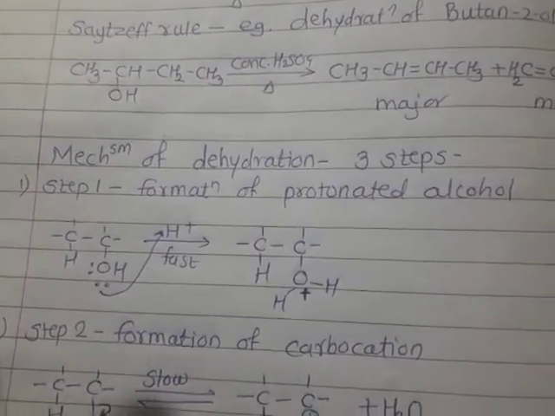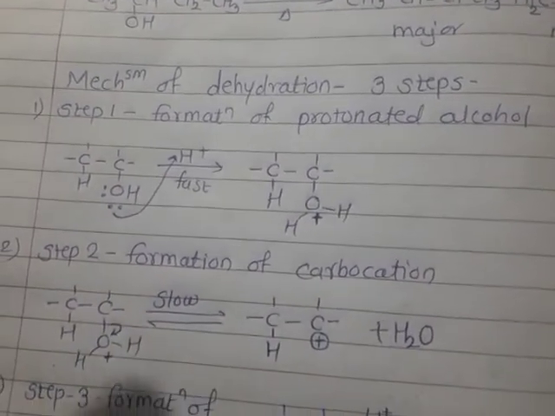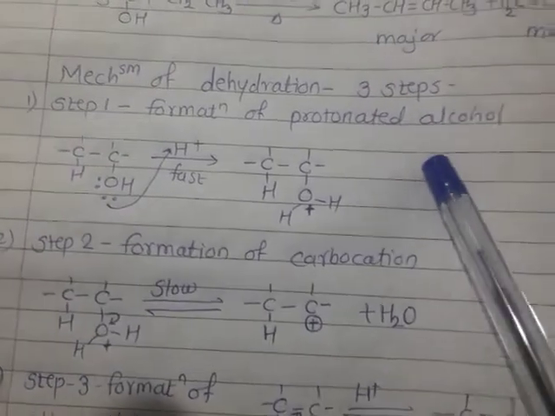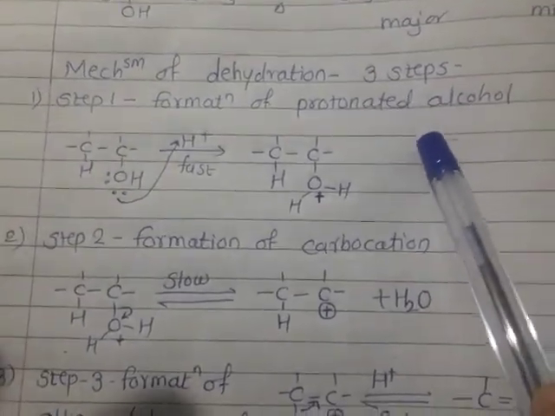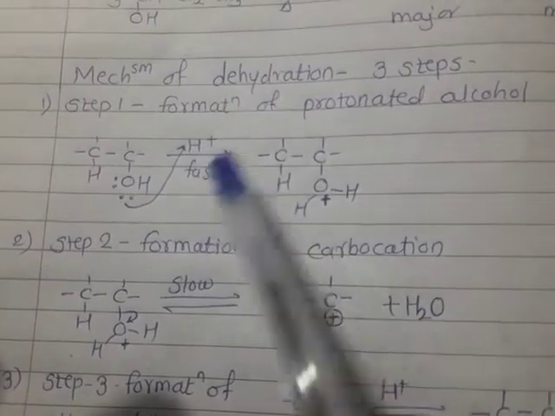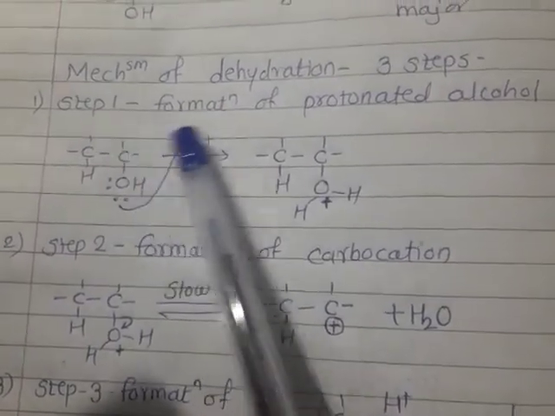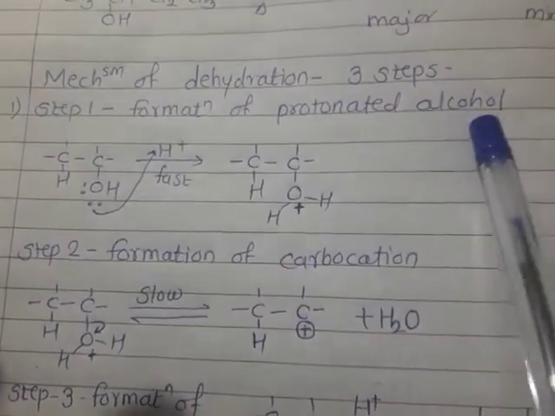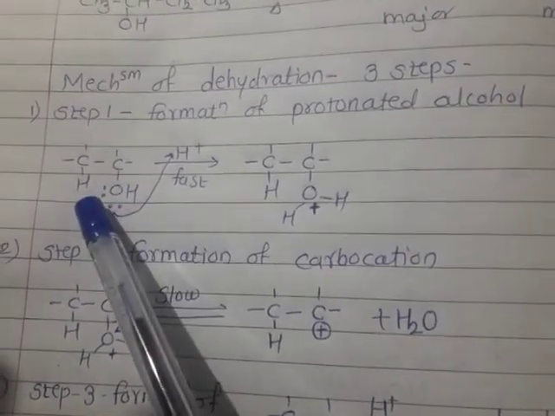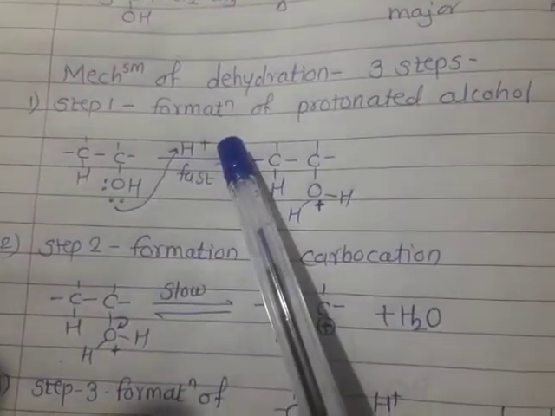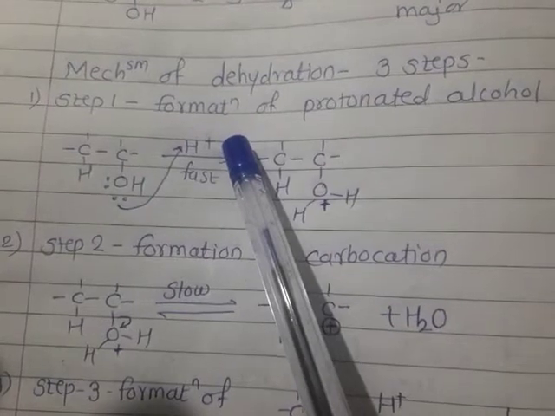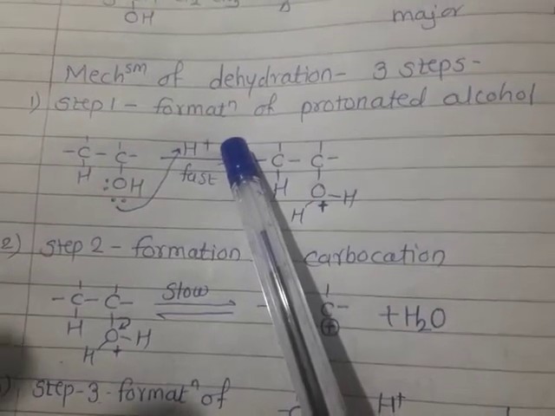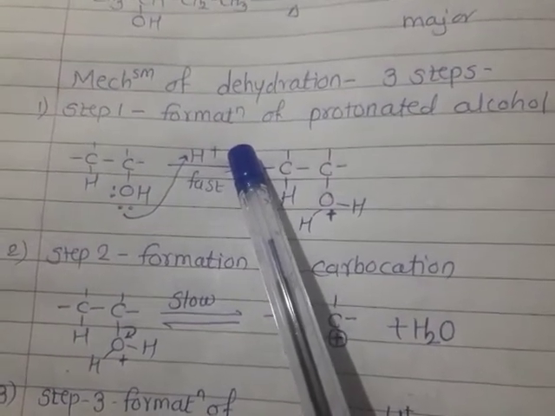Now they have given the mechanism of the dehydration reaction. It is a 3-step reaction. So what happens in this dehydration reaction? The first step is formation of protonated alcohol. So this is alcohol. The reaction is carried out in an acidic medium, concentrated H2SO4 or concentrated H3PO4.